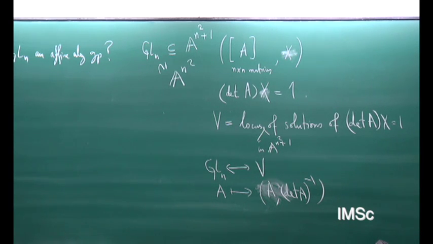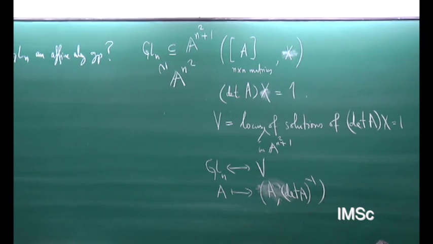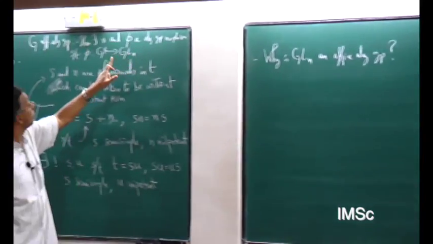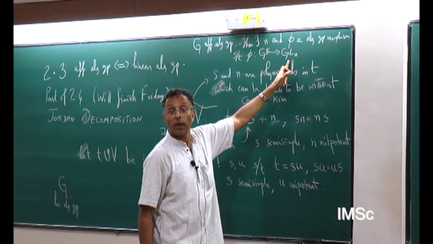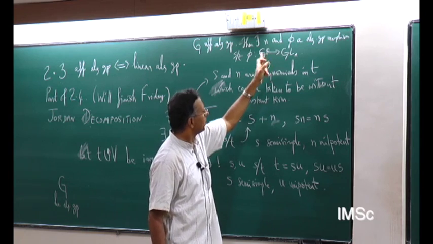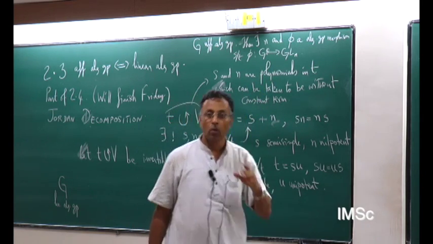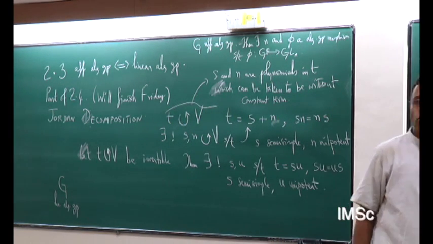Now, the claim is that for some n, I can find an algebraic group morphism. We have defined what it means to be a group morphism, and this is an algebraic group morphism. Now, what did we learn about algebraic group morphisms?